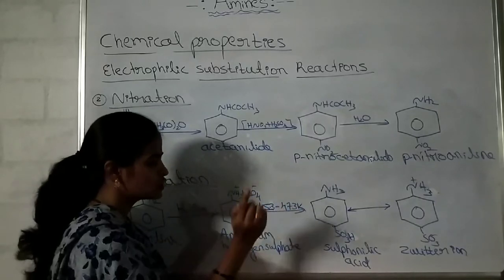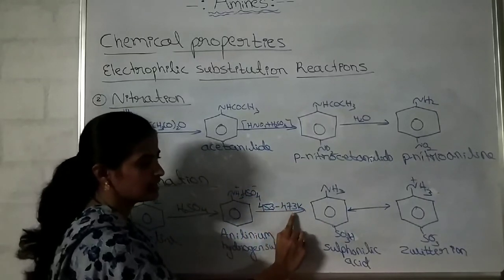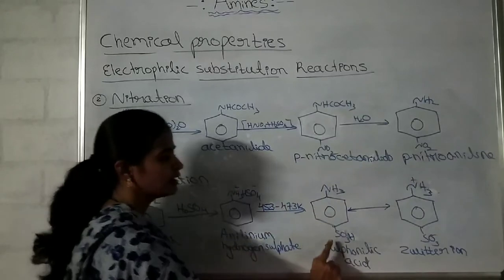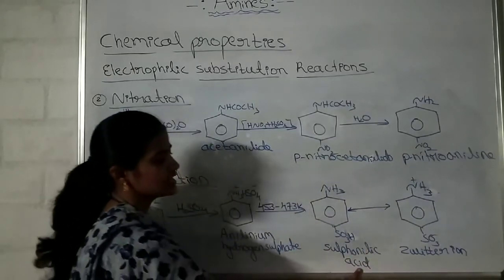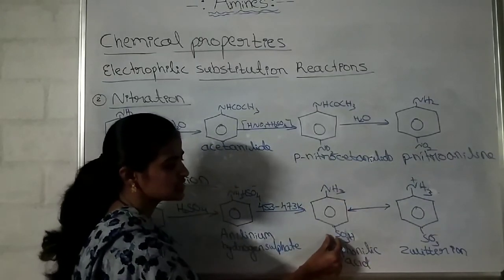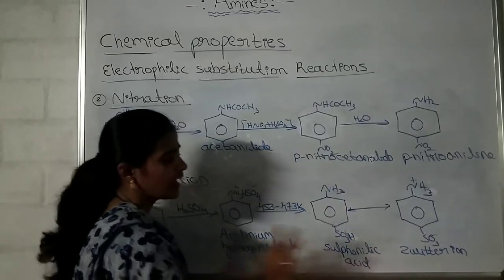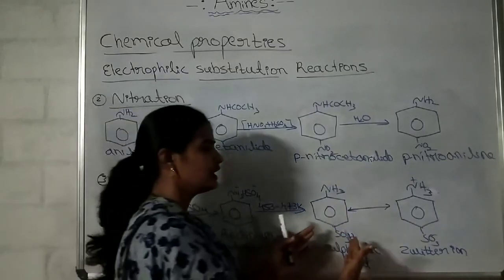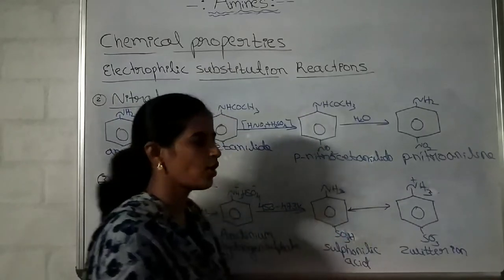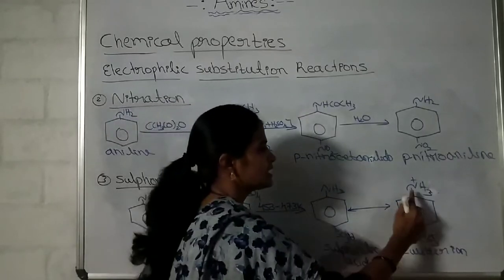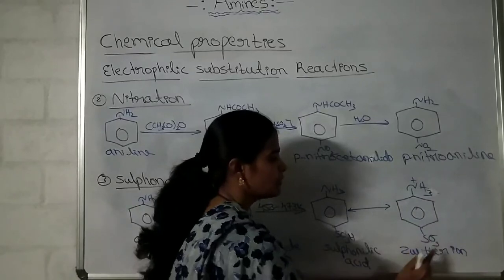453 to 473 Kelvin, what is formed? Sulfanilic acid is formed. At the para position, SO3H is attached: sulfanilic acid. And sulfanilic acid is present in the zwitter ion form, that is the benzene ring with NH3 plus and SO3 minus.